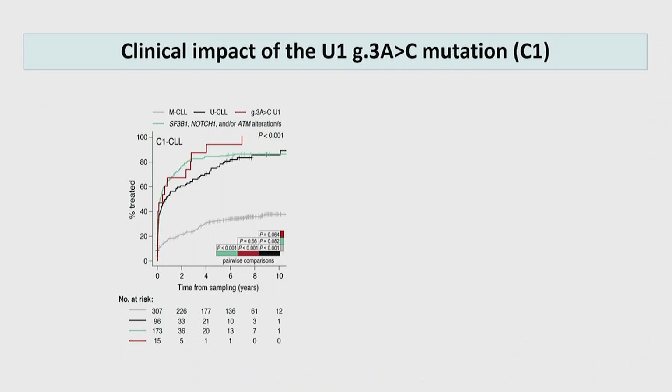From a clinical point of view, it was also interesting to see that the mutations in U1, here in red, had a rapid and accelerated disease similar to cases carrying mutation in splicing factor 3B1, ATM, or NOTCH1. So it had a similar impact. Virtually all the cases carry unmutated immunoglobulins in this case.